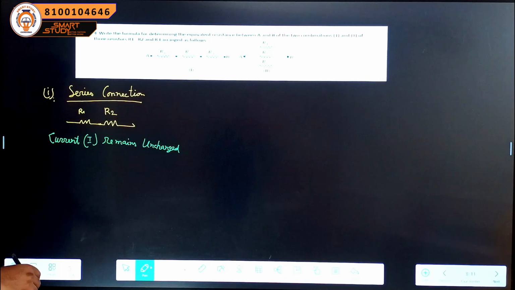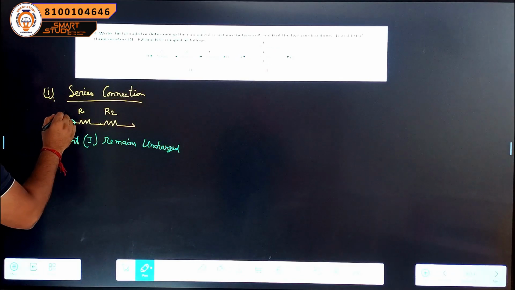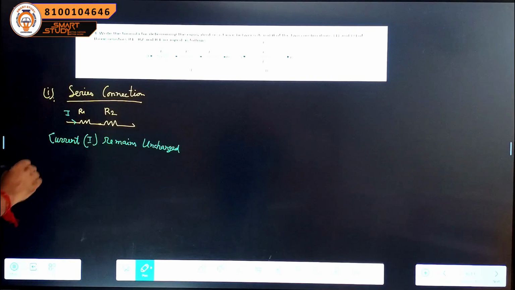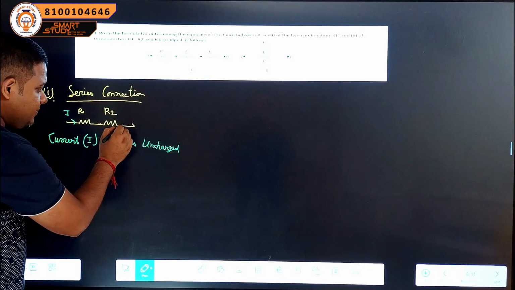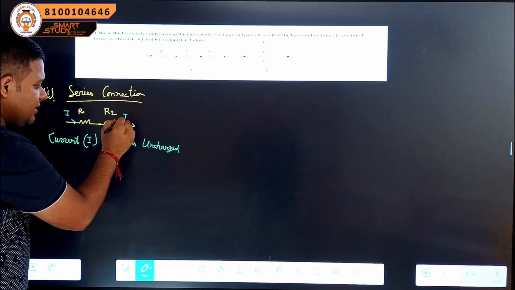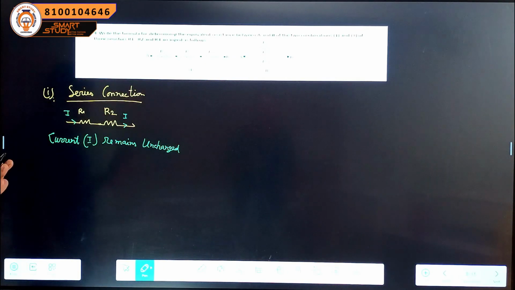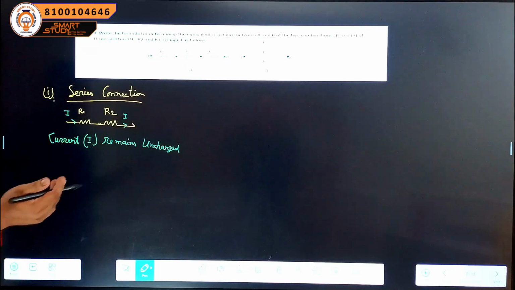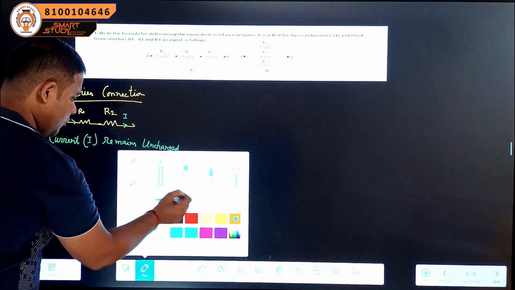What does it mean? That means if current is flowing through the circuit, suppose the value of current is I through the resistance R1, the current will be the same across the resistance R2. That means the current is unchanged. Now what is the changing parameter? The changing parameter is voltage.